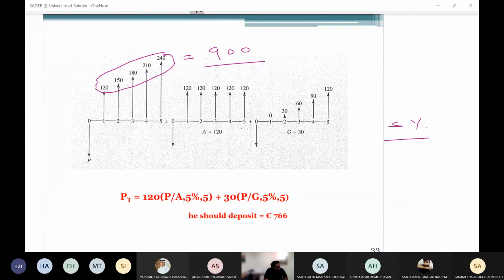Now, when you put 766, the first year they will take out of it 120. So in reality, there will be remaining some cash that will be compounded at 5%.